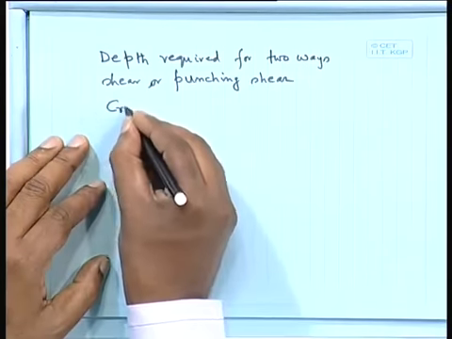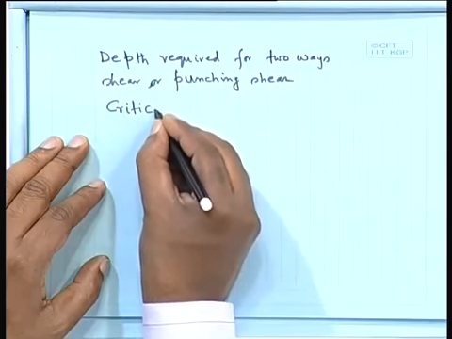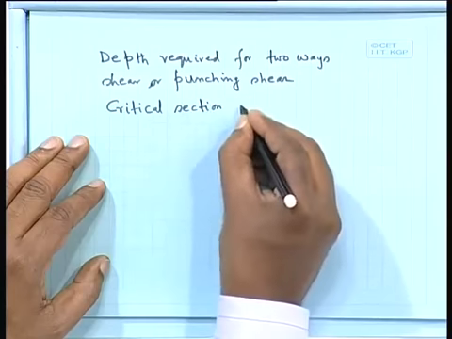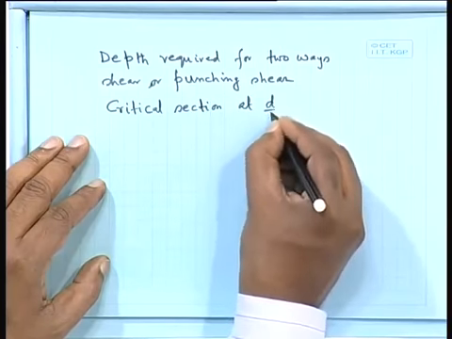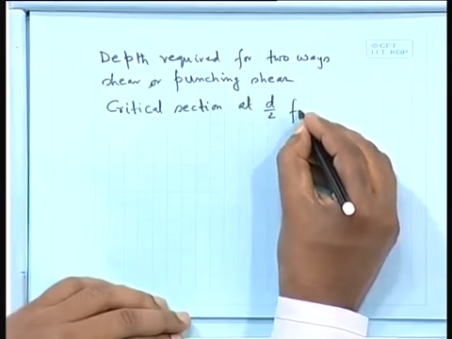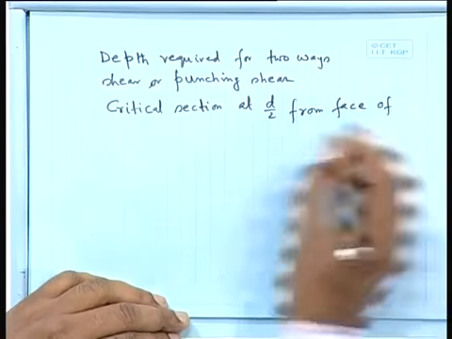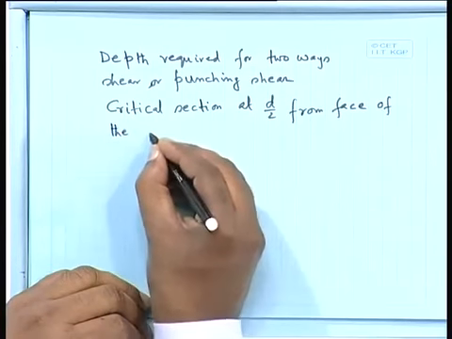The critical section is at D by 2 from the face of the column.